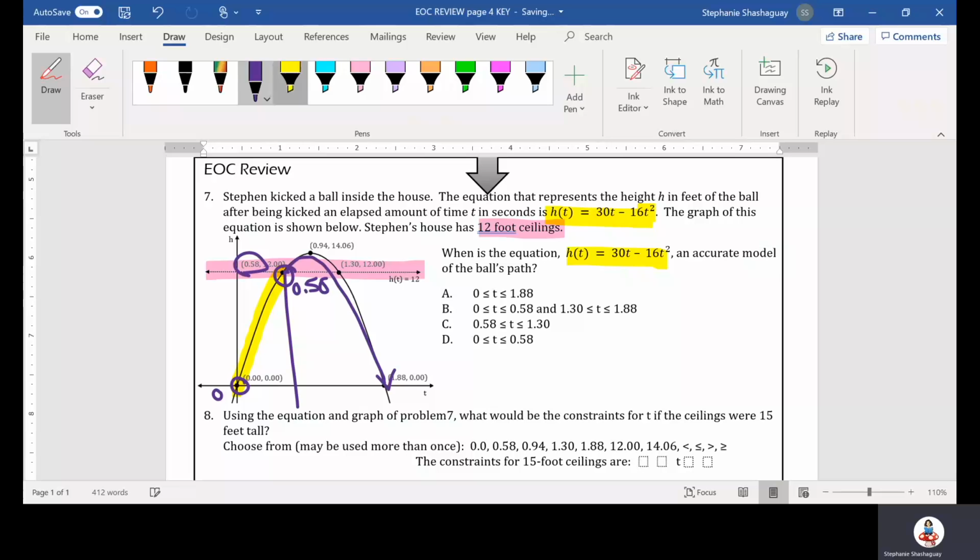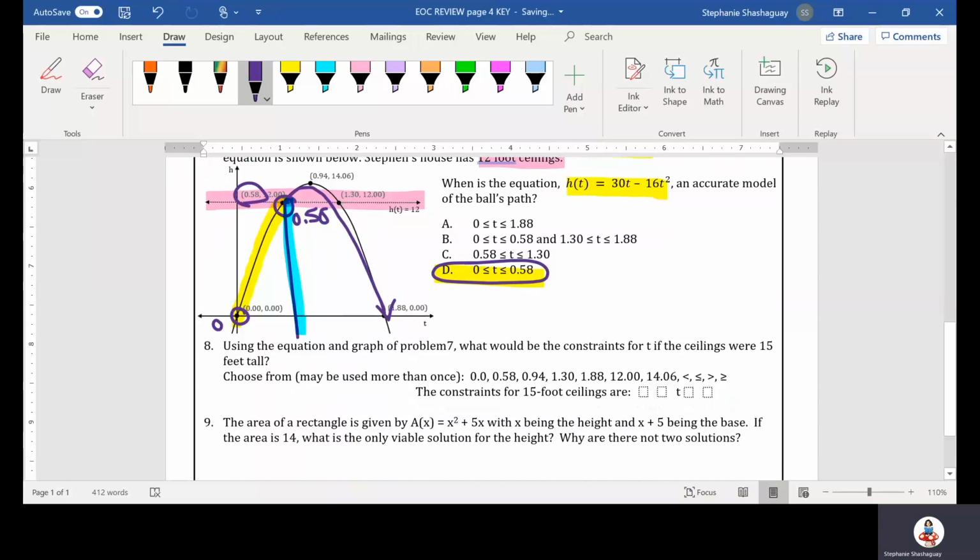So the correct answer here would be D. Because after 0.58 seconds, that ball's path is going to change. And when that ball's path changes, this formula here, this function, is no longer talking about the path of the ball.